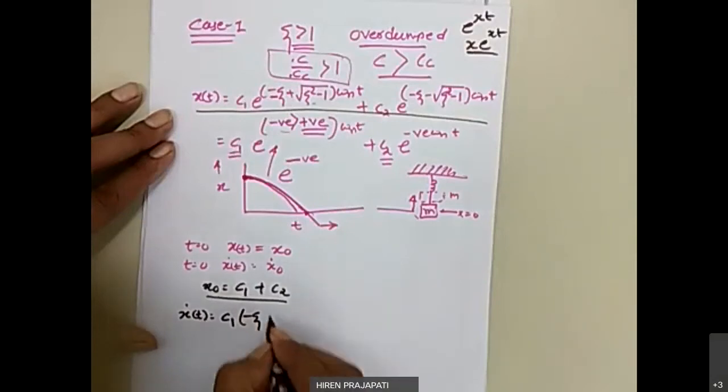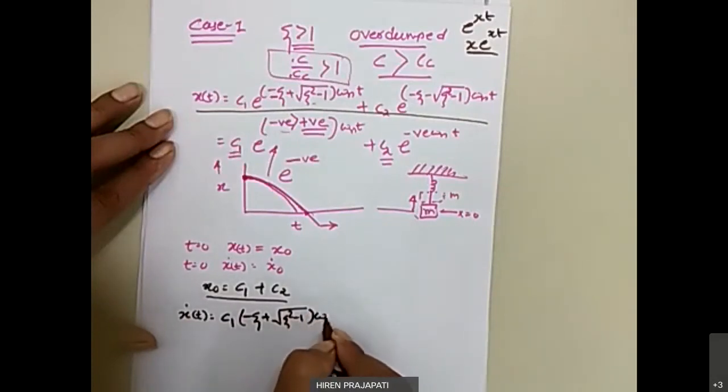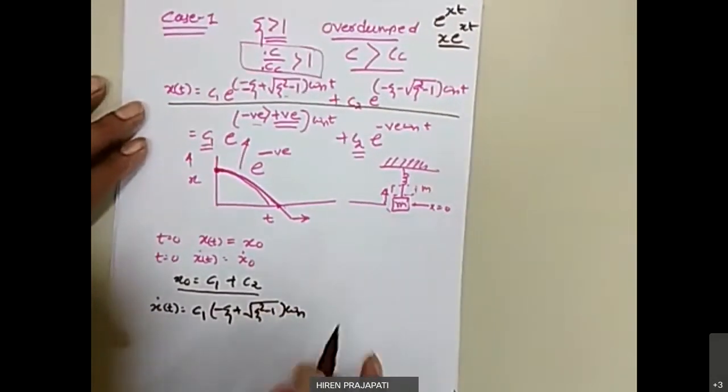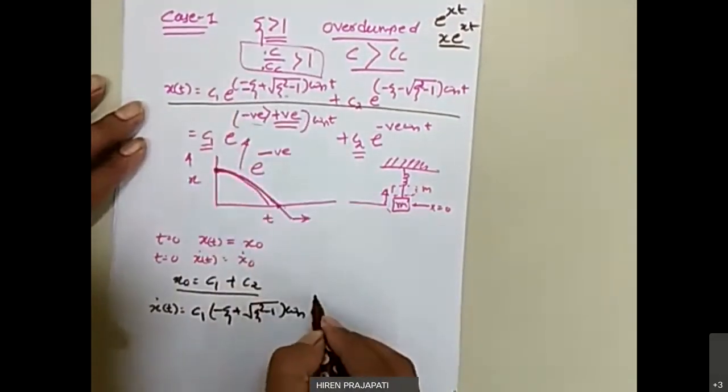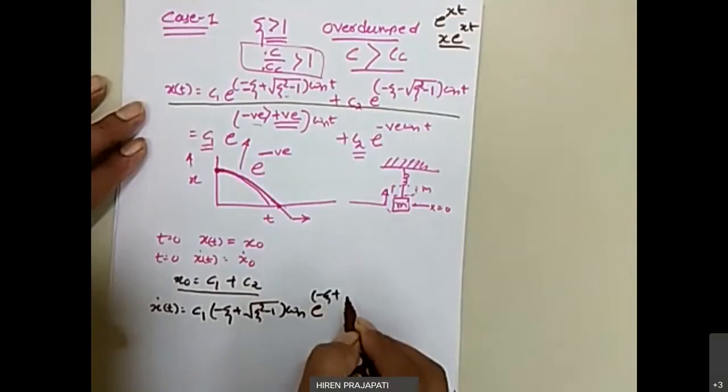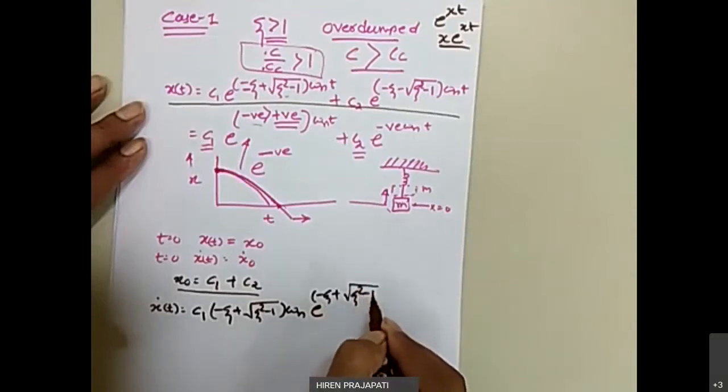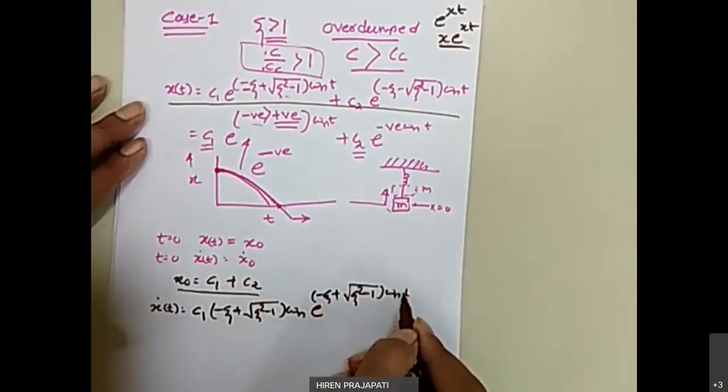So we get here minus zeta plus square root of zeta square minus 1, times omega n. This entire term will come down, and e raised to this as it is, minus zeta plus square root of zeta square minus 1 times omega n, right?